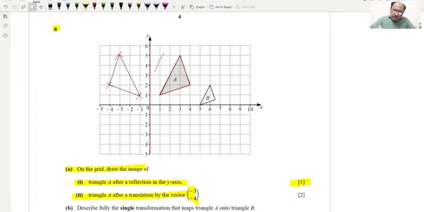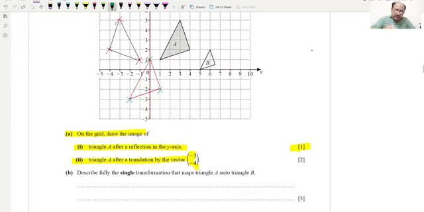So this one we will be translating 3 units to the left, so 1 unit, 2 units and 3 units to the left, and then 4 units down. So 1 unit down, 2 units down, 3 units down and 4 units down. Our answer will be this location. So it is translated. The new location we can indicate by the marks. So these are the new locations.